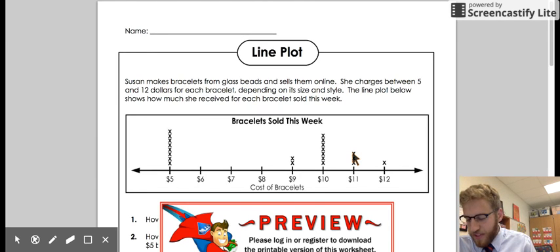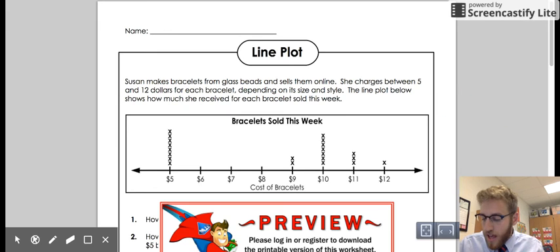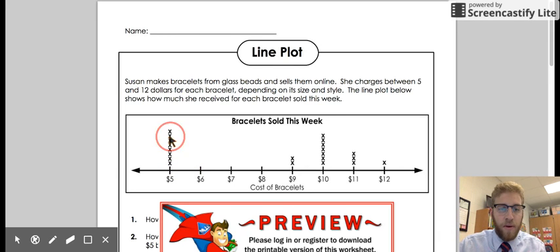Moving down to numbers 5 and 6, we've worked a lot with those type of problems, and I want you to really try your best on those, just as you will on the other questions. Number 7, it says, how much money did Susan earn this week? What we need to do for this one is find out how much money in all Susan earned. Now, you've got a lot of numbers to keep track of here.